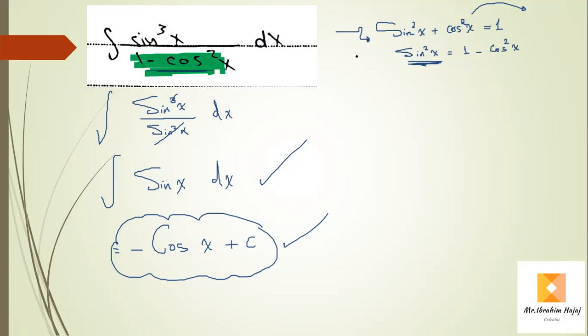Okay, thank you. But guys, sometimes, like this question, you will not use the identity directly. You have to work on the identity. The identity sine squared x plus cosine squared x equals 1 you find on the paper, but you have to work on it to conclude that 1 minus cosine squared x can be replaced by sine squared x, and then we cross out sine cubed with sine squared, giving sine x only, and now it's easy to integrate.